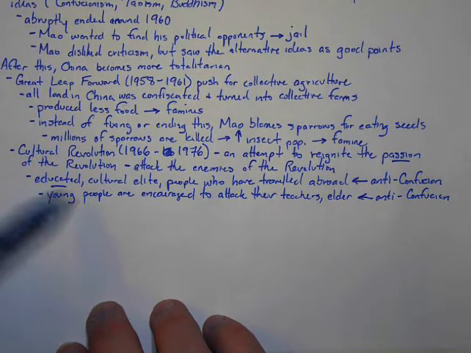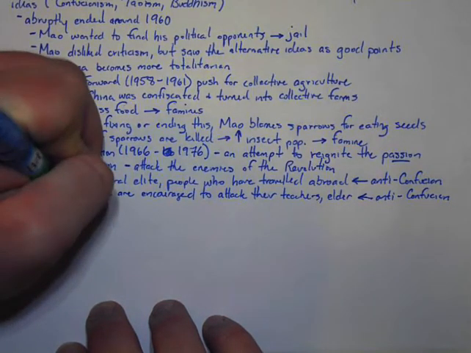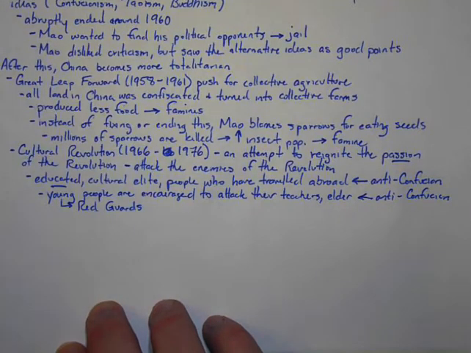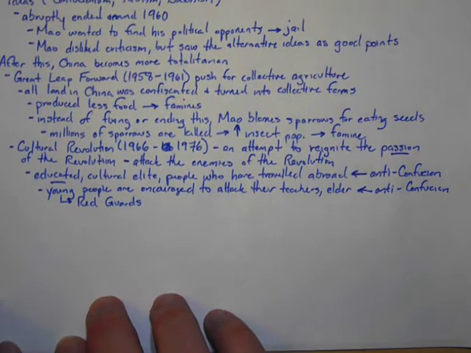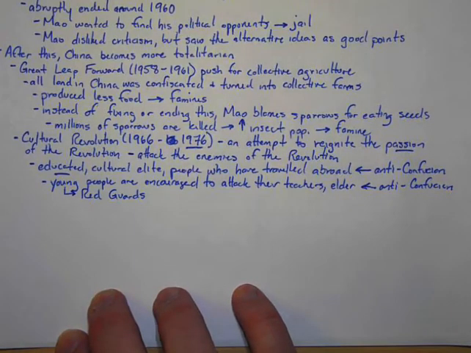So if we get the young people attacking and being opposed to the idea of education, then these people, who are dubbed the Red Guards, are never going to question what the government does. And the Cultural Revolution only ends in 1976 because that's when Mao dies.